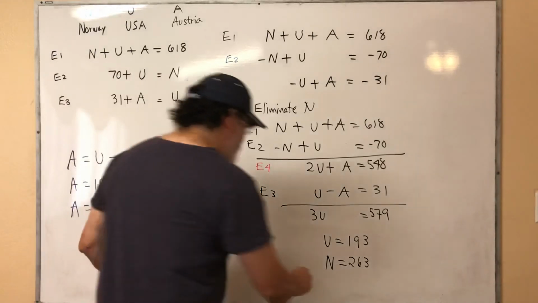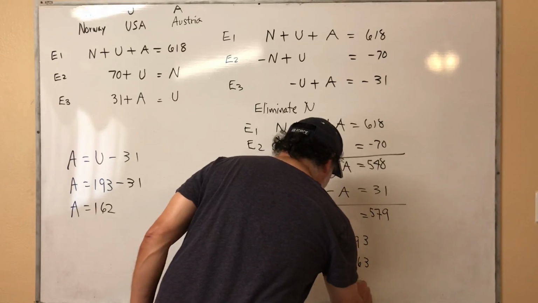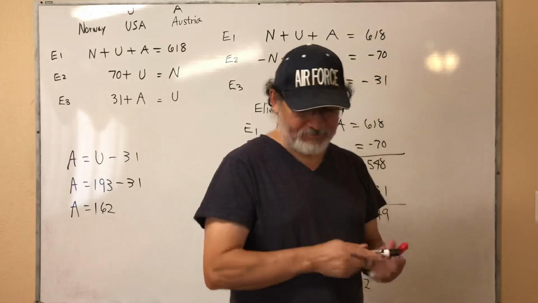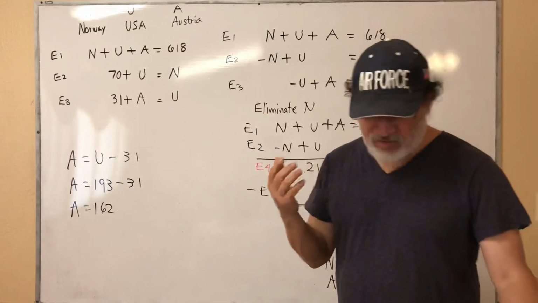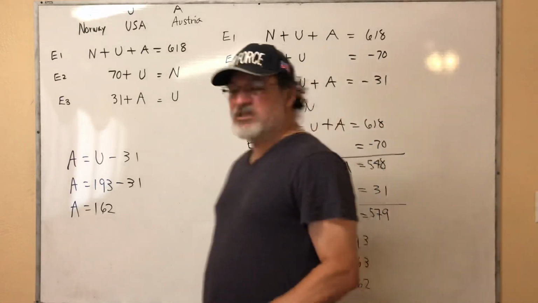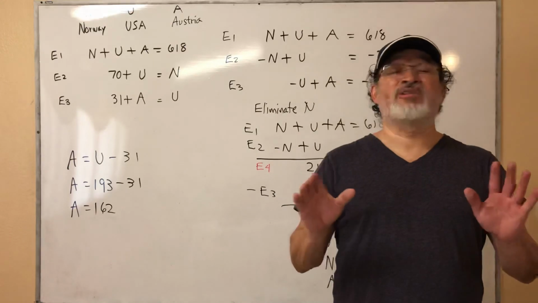So therefore, Austria has won 162 medals. There you go. So this does it for section 3.5, 3.6, and 3.7.